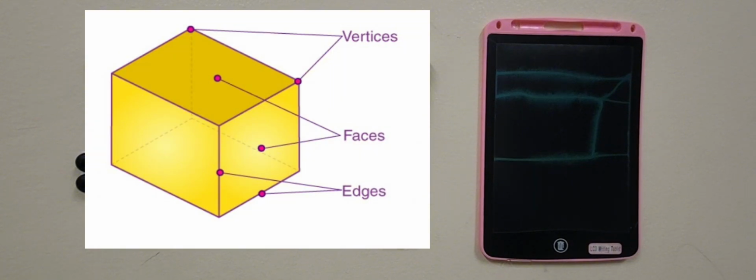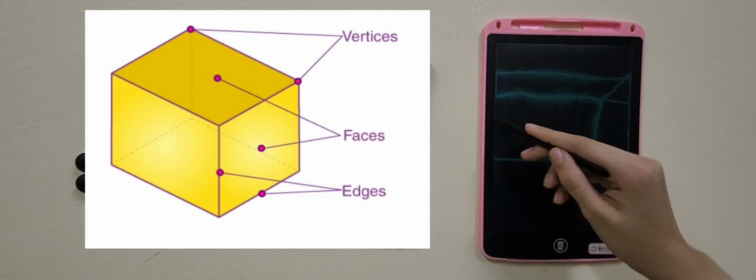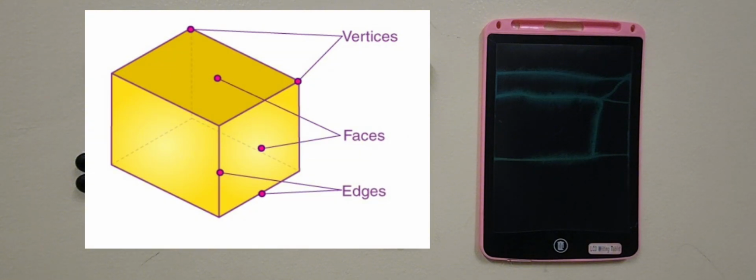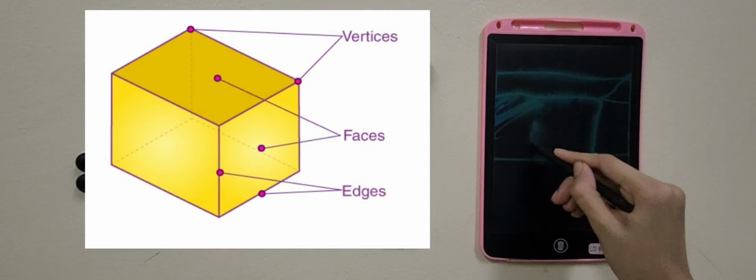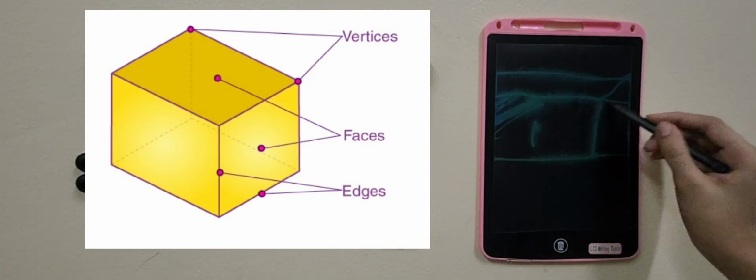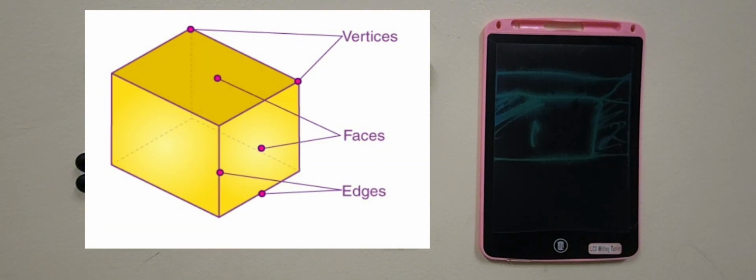Now the second part of a cuboid is the edge. As I told you, two faces always meet at an edge. Here we can see this as face number 1 and this as face number 2.